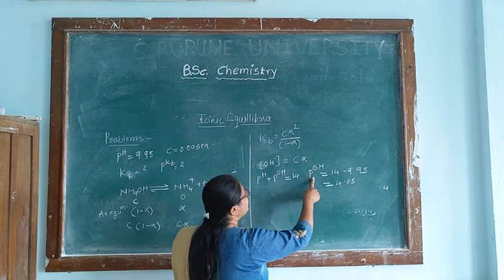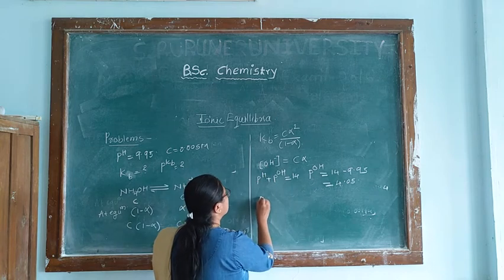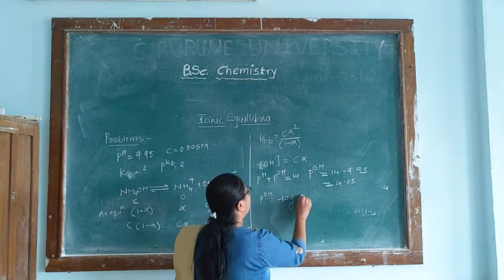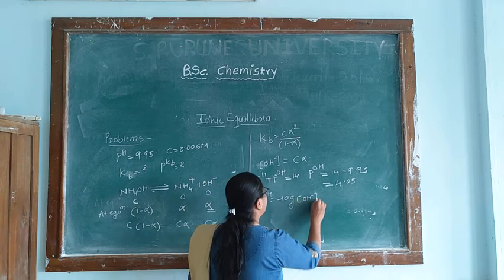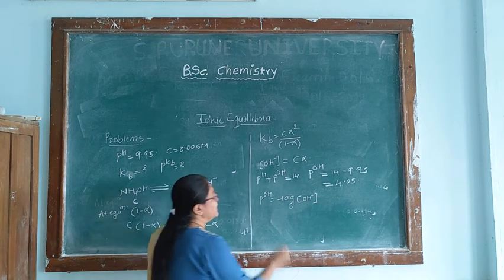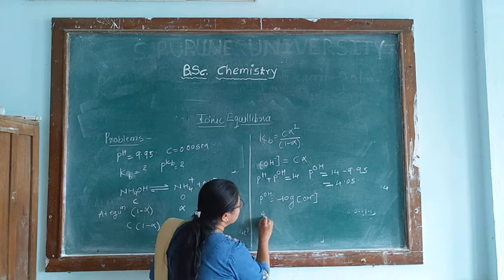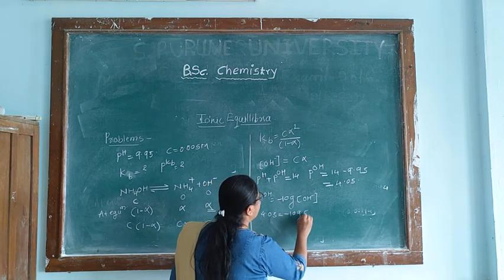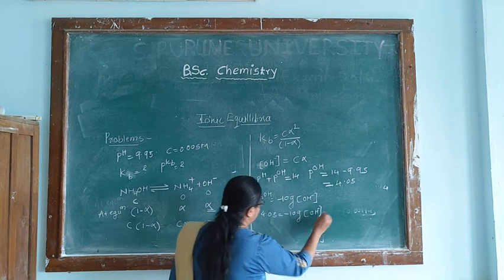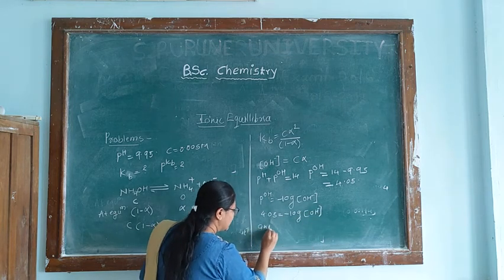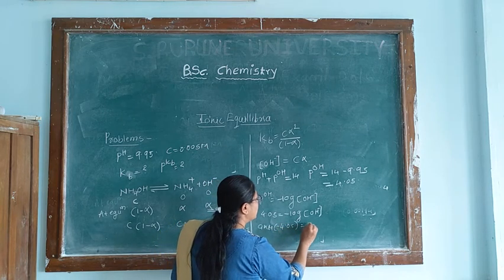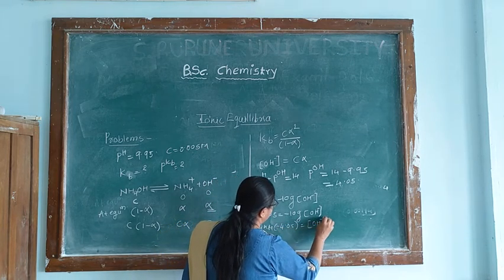Now from pOH I can calculate the concentration of OH minus. So pOH is equal to minus log of OH minus concentration. pOH is 4.05, so minus log of OH minus concentration is 4.05, and now we can say the antilog of minus 4.05 is equal to the concentration of OH minus.